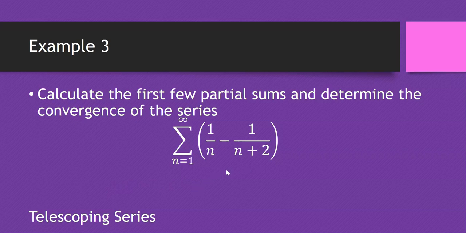So I want you to just push pause on the video and write out, if n equals 1, we get 1 over 1 minus 1/3. So write out the first few terms of this series and see what you get. And then we'll do the partial sums together.